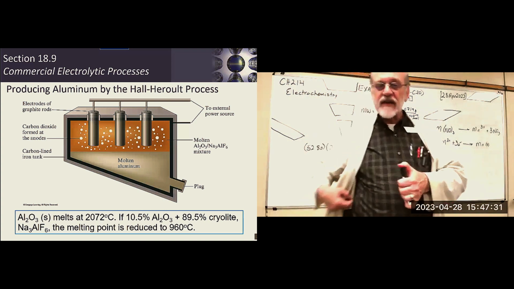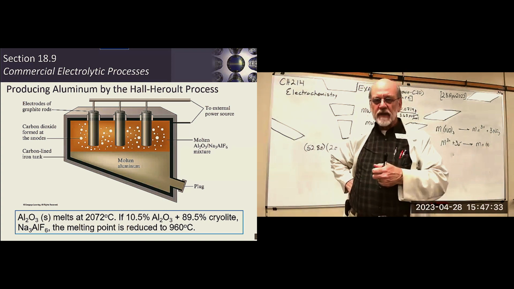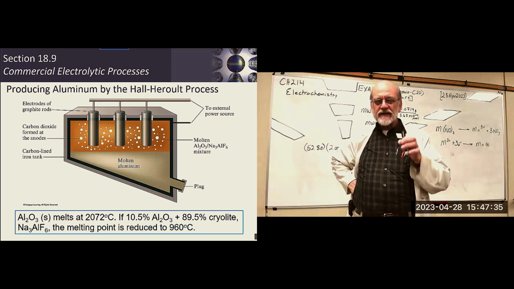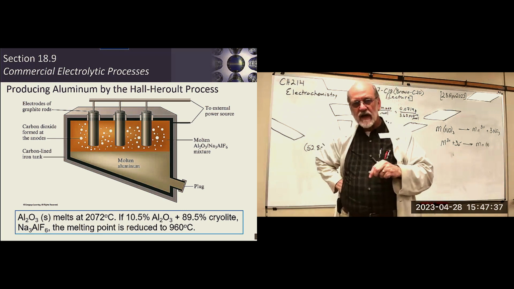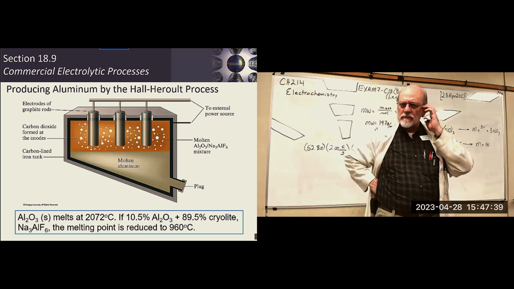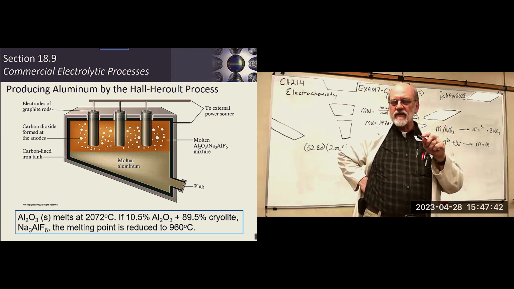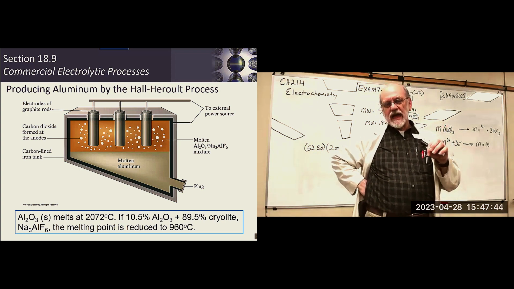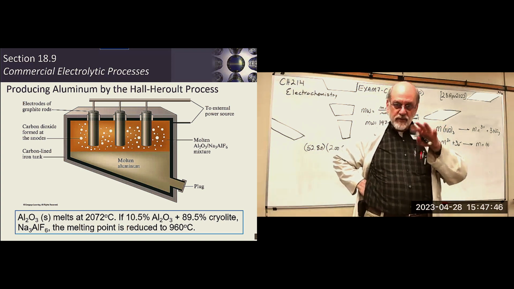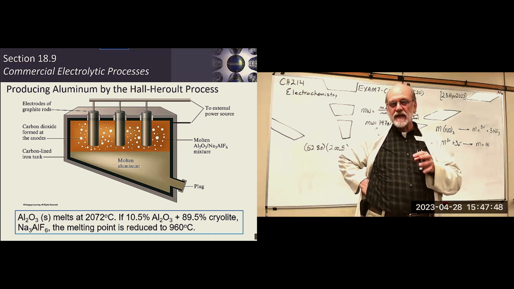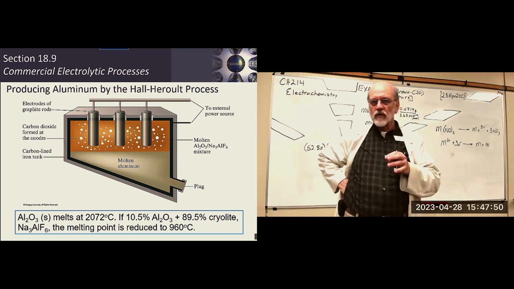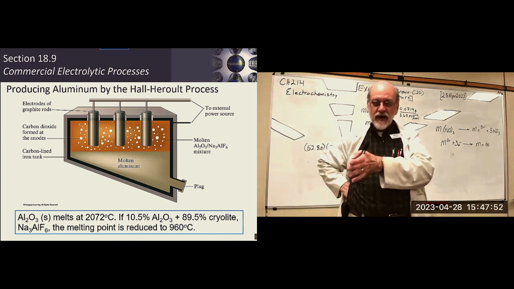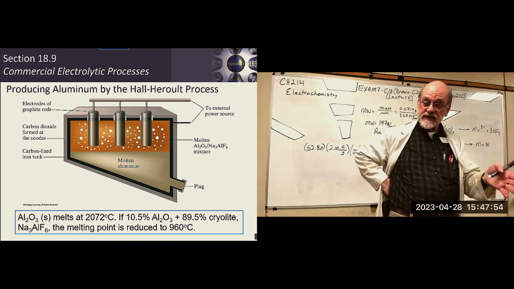All right, this process for producing molten aluminum was perfected by two people, a young man by the name of Hall and a Frenchman by the name of Héroult. And they both applied for patents pretty close to each other in the same year. But Héroult got his in Paris in France, and Hall got his in the United States.